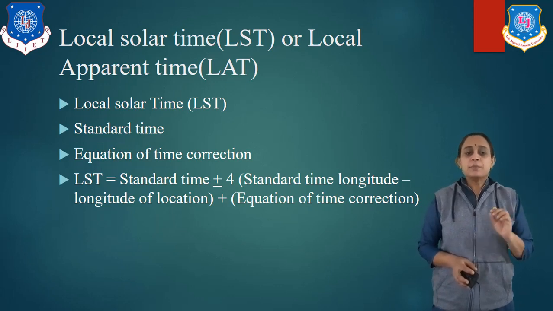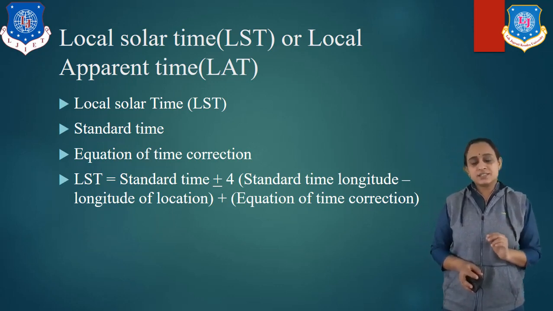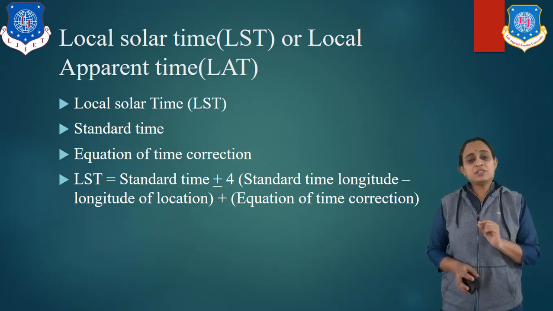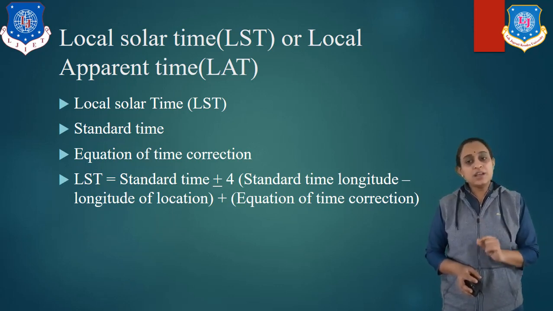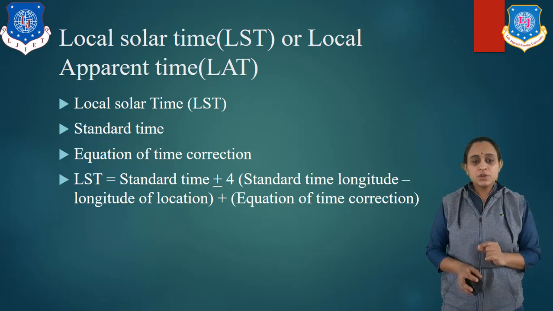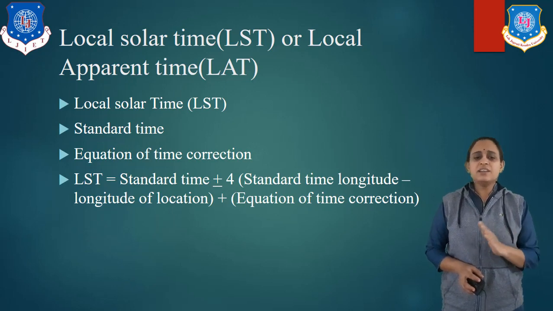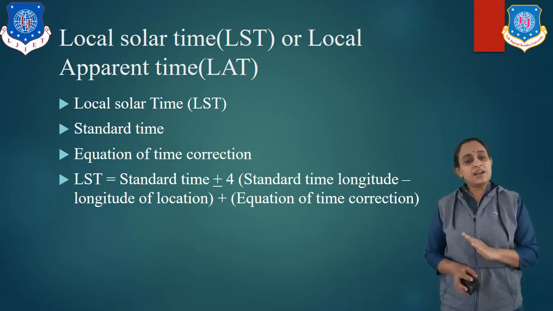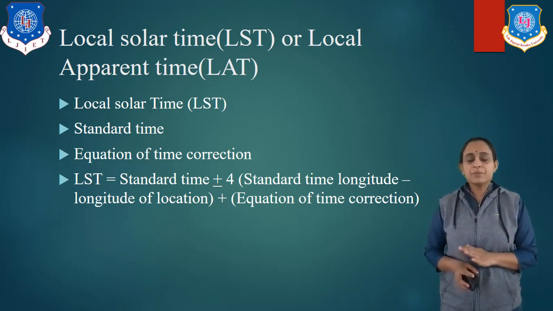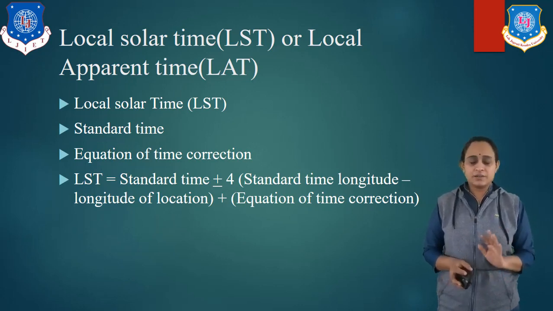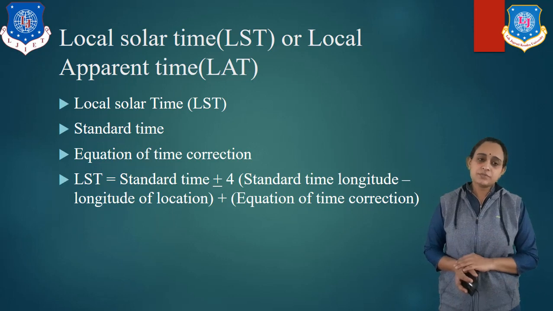It indicates that if there is a 1 degree difference between the standard time longitude and the longitude of the location, then there is a 4-minute difference with the standard time. So plus or minus 4 minutes per degree is added to the standard time.